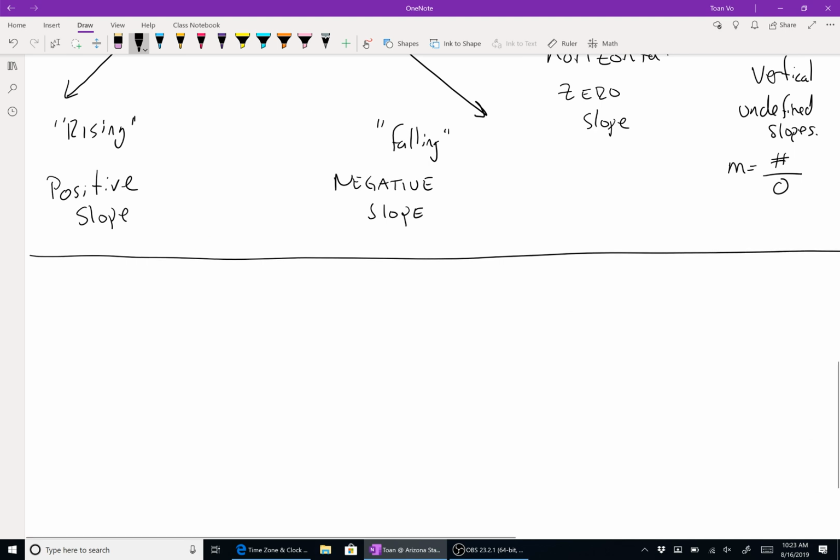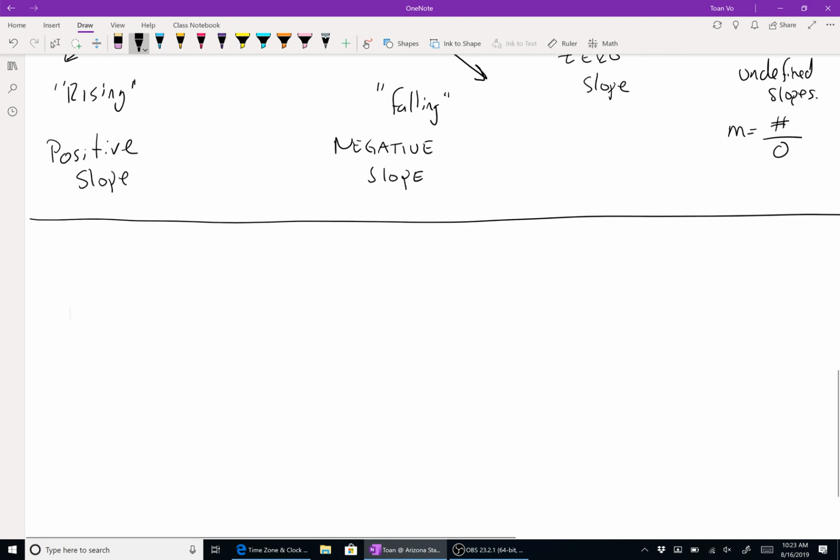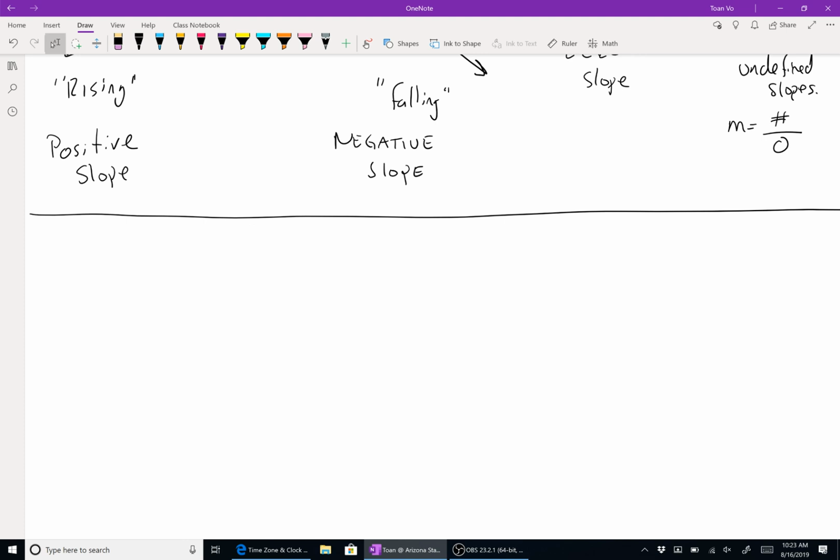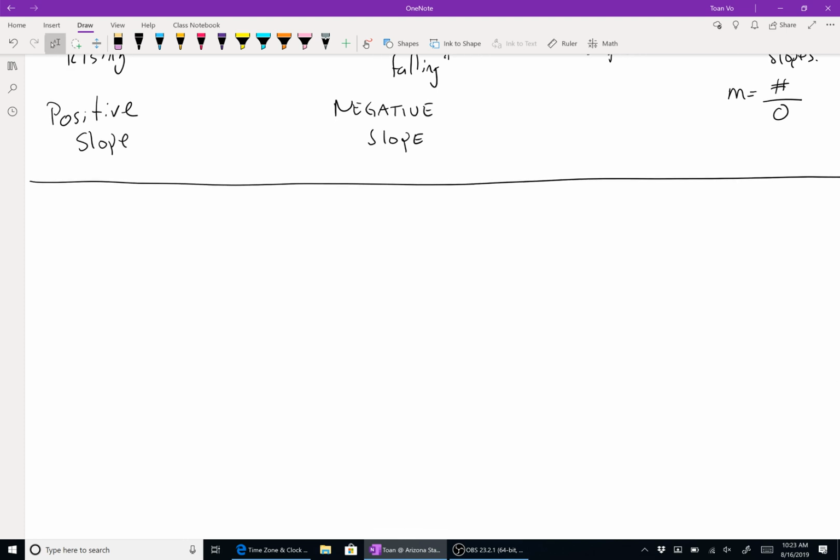Analyzing slopes also allows you to classify two special types of lines. So in the world of algebra and geometry too, you talked about these two special types of lines. So special lines.